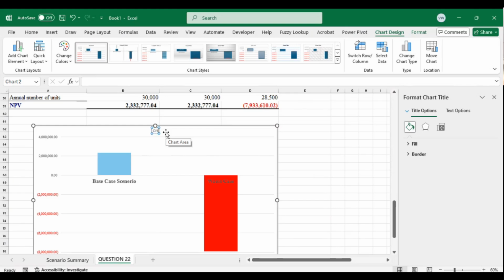Or you can just say this is a chart showing the NPV of a project under the base and worst case scenario.